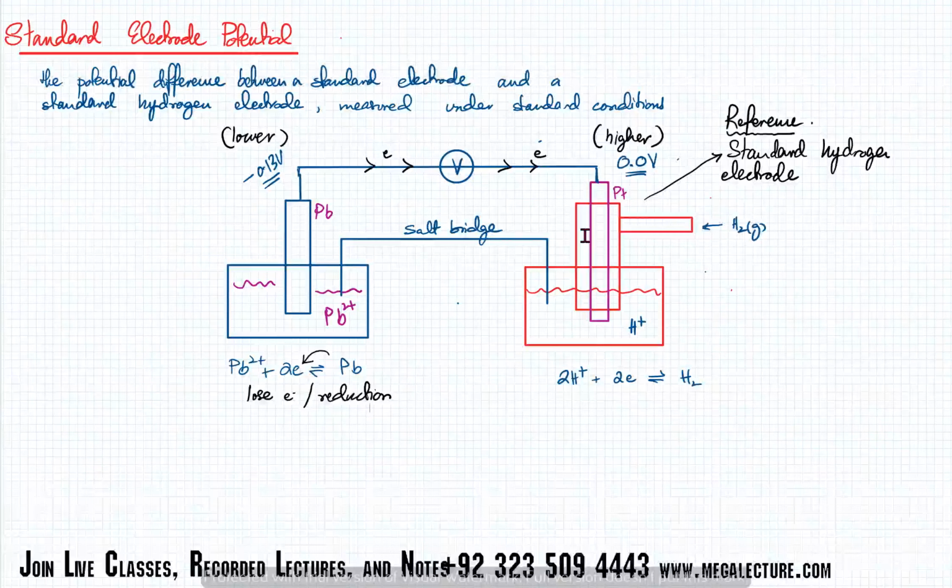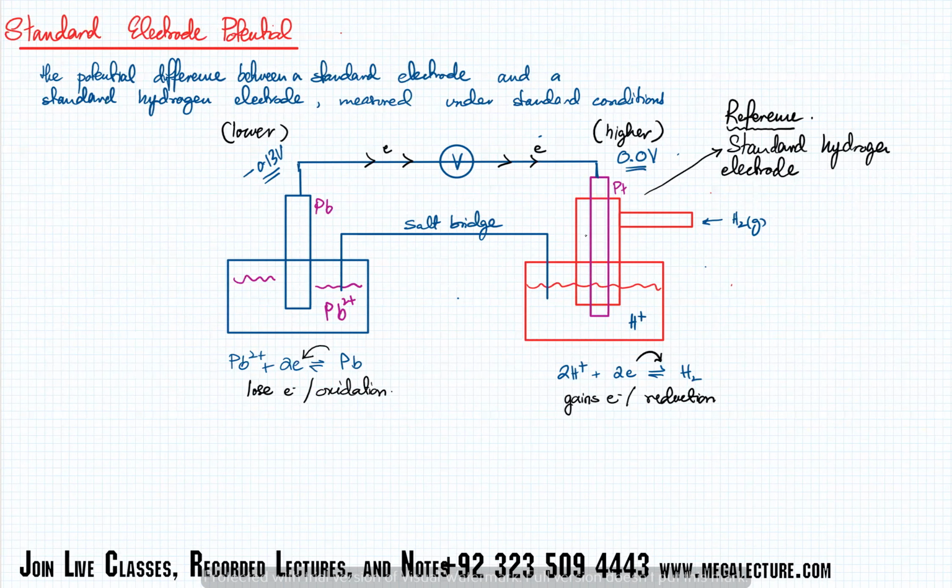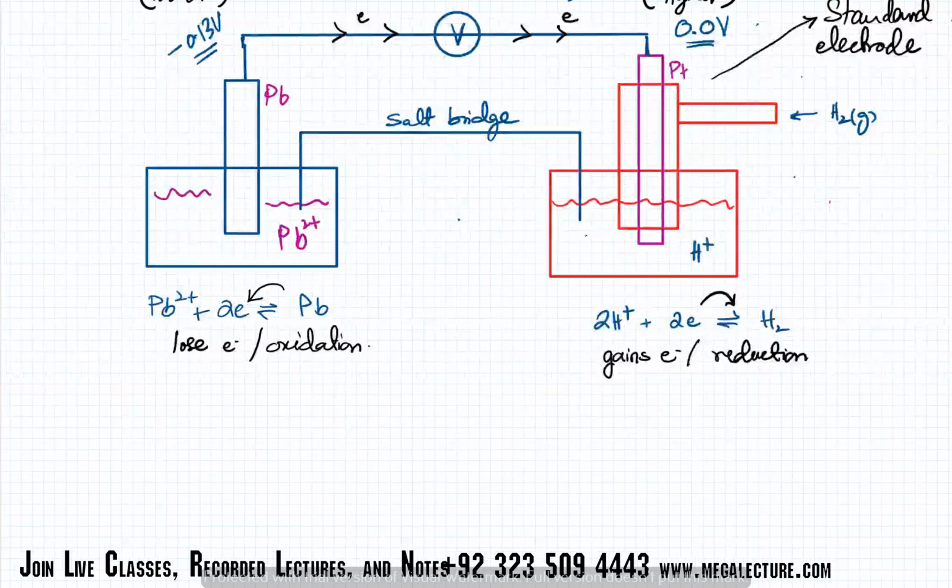So the higher potential gains electrons, and gaining electrons is reduction. The other one is not reduction, that's actually oxidation.